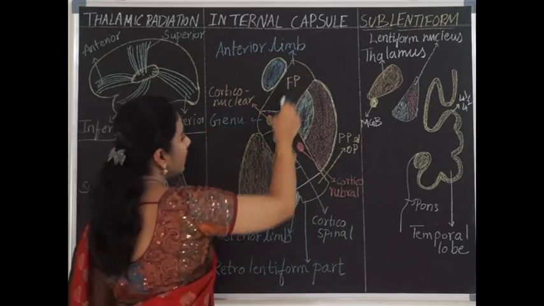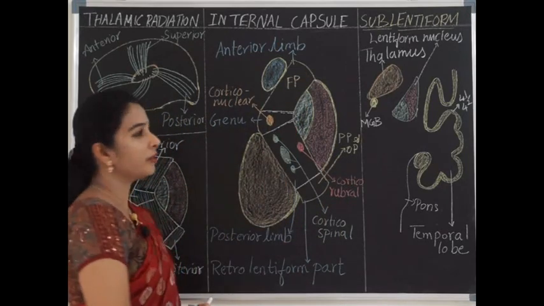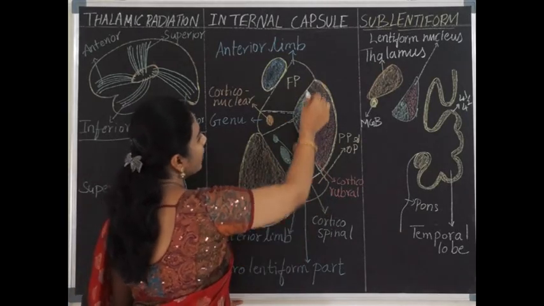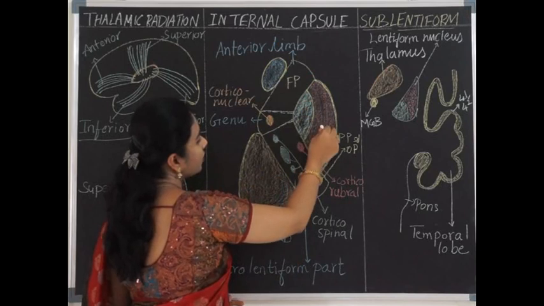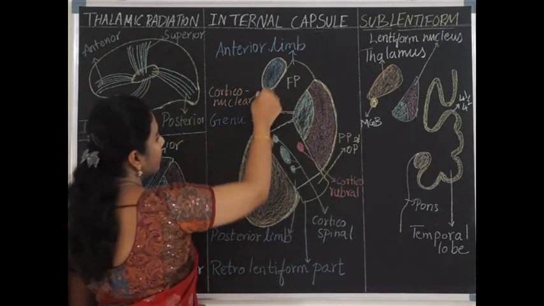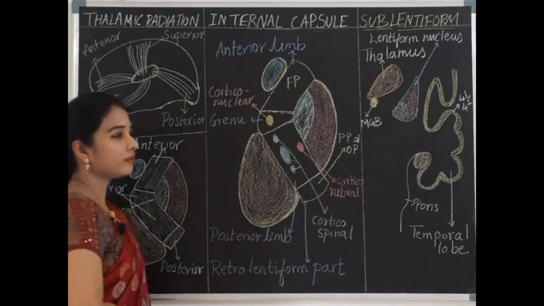It is like a letter V in horizontal section of the base of the brain, where the concavity is towards the lentiform nucleus and convexity is facing medially towards the caudate nucleus and thalamus.